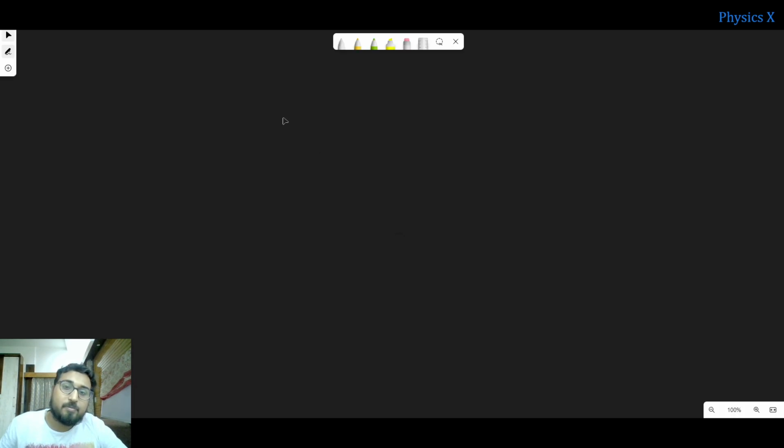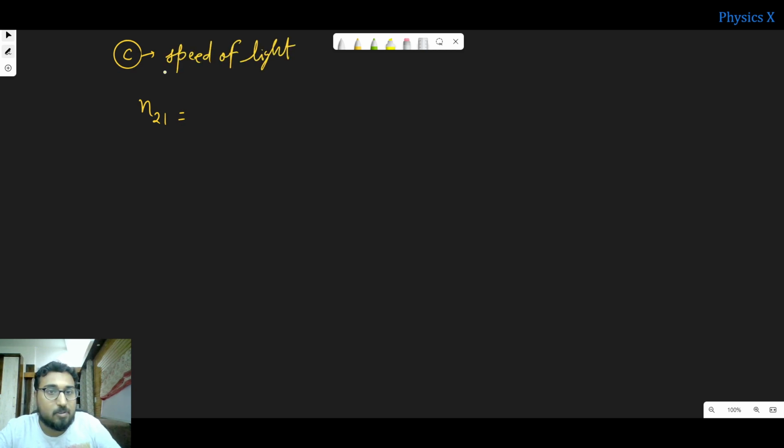Now let us write it more accurately. I will use the notation c for speed of light, which will take less time. So this will be c1 by c2.